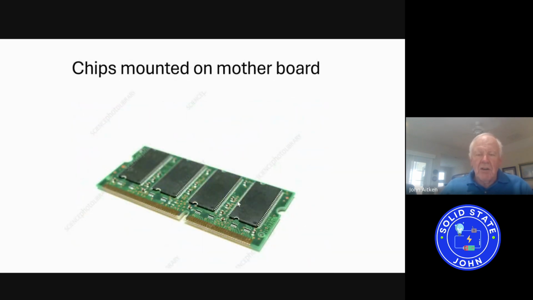And as I said earlier, these chips are mounted on a motherboard, that green thing there, that carries voltages and connects the chips. The chips are all connected through these metal wires to the devices on the inside of the chip and make it work.